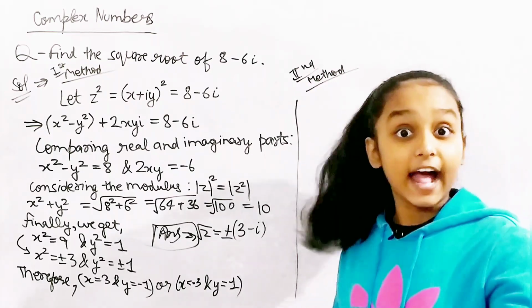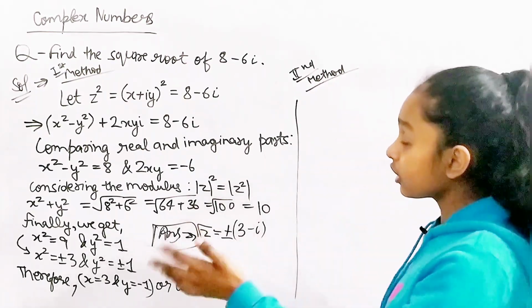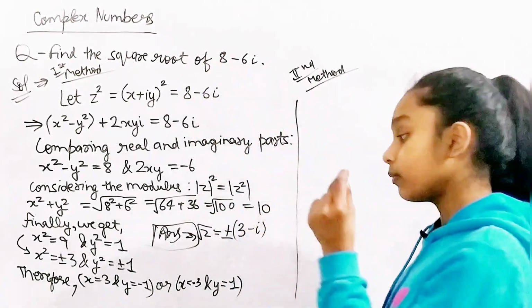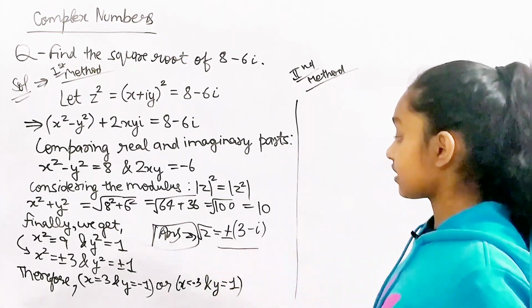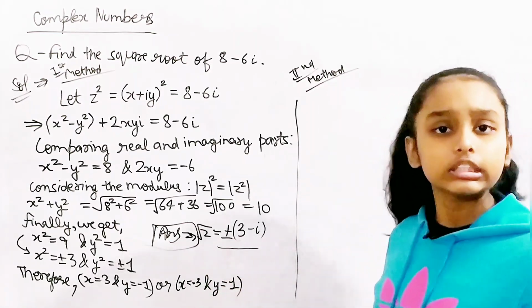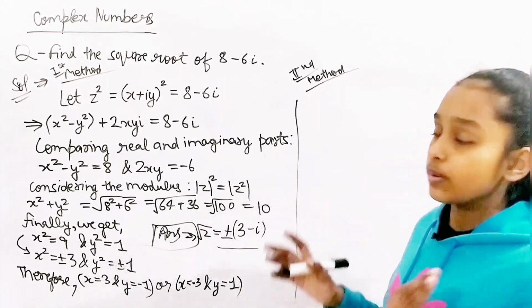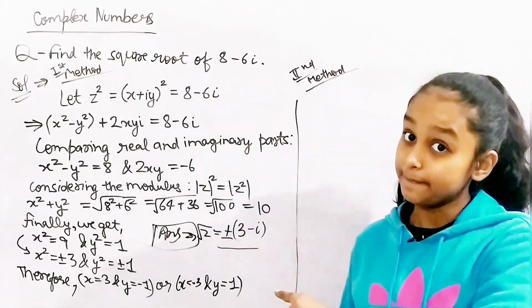I'm going to tell you that it doesn't even matter. If the question was given as 8 minus 6 iota, in the answer we will still get this thing. So we have to check whether the answer is the same or not. But I'm going to take a little twist and put positive here.